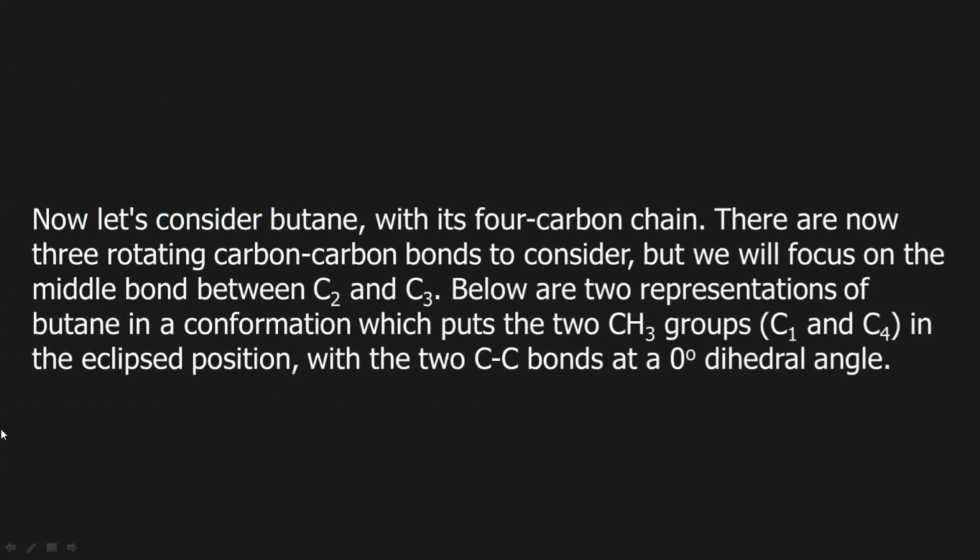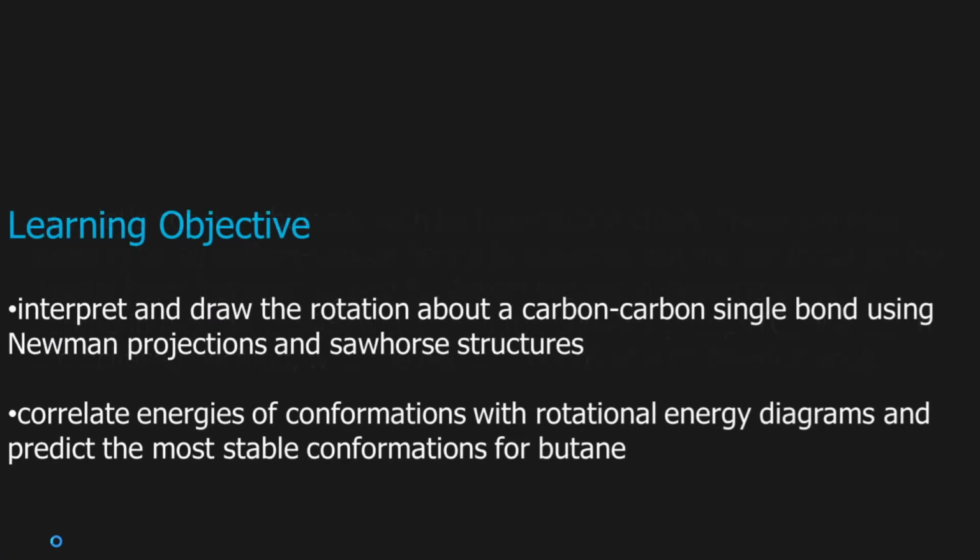The structure which we have here: butane is a dimethyl derivative of ethane. We are going to consider the rotations between carbon atoms 2 and 3, and the angle between carbon atom 1 and 4, that is, the angle between the two methyl groups.